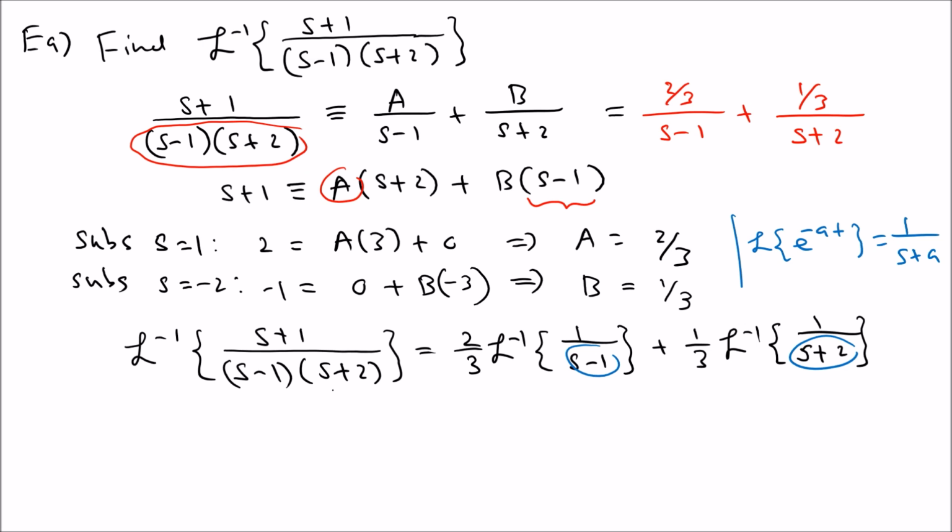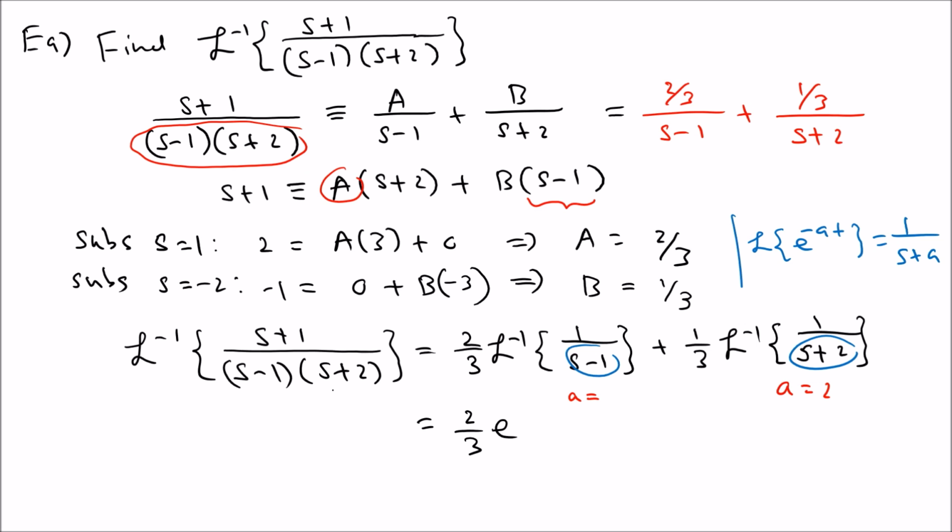So that means the answer is simply 2/3 times e, because here a equals -1. Here a equals 2. So if you plug that into the formula, actually there's a mistake. This is a equal -1 in this one.